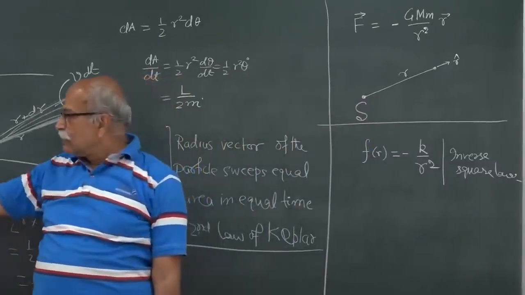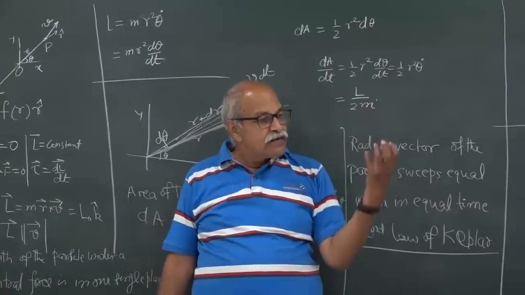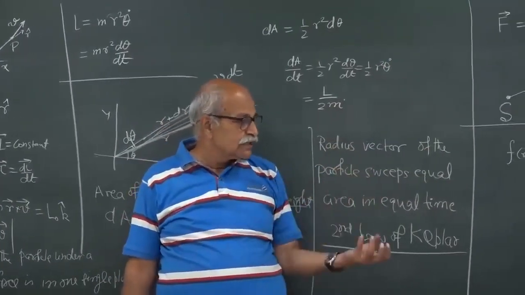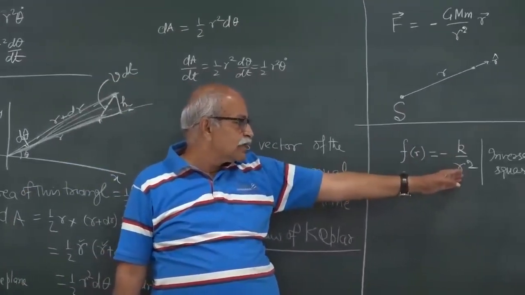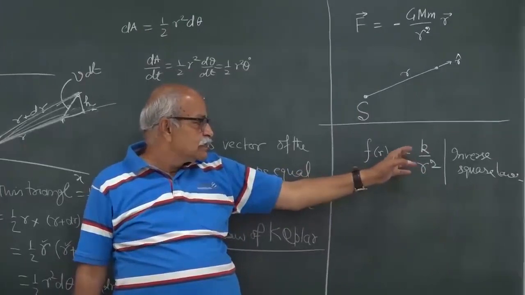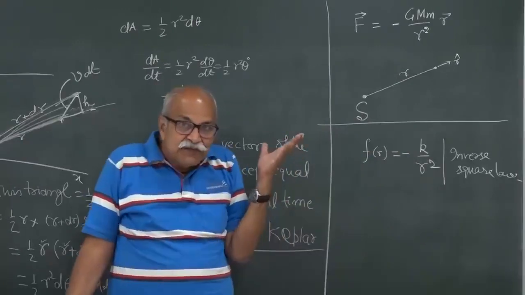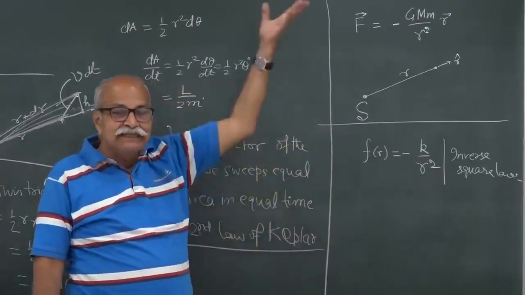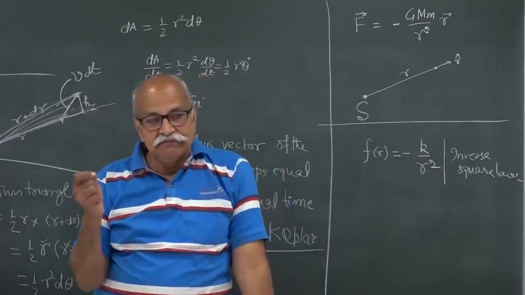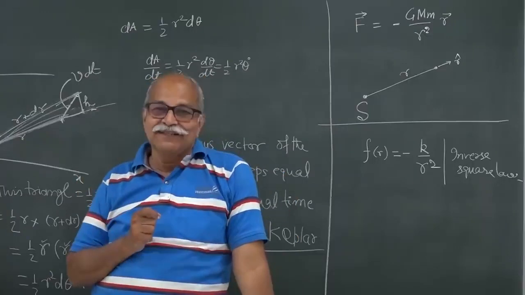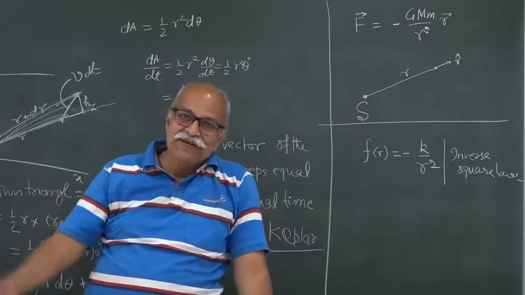So, if F(r) is of this variety, you are considering a particle on which this central force is acting, and the magnitude of the central force is given by this 1 by r square type, and it is always directed towards that origin, then it is very close to our planetary system or very close to the Bohr model of the hydrogen atom, where the proton is sitting at the center and the electron is going around it.